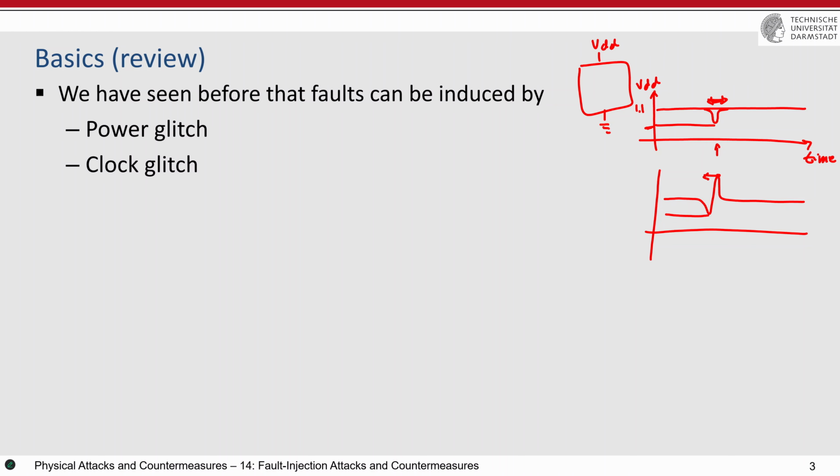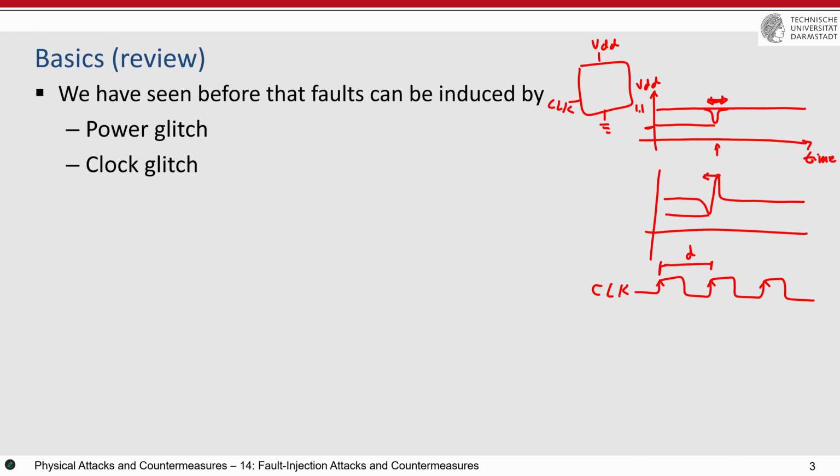And another one is clock glitch. This circuit needs a clock, and if the clock is provided from the outside, the normal clock will be something like this. And of course, you learned before that if the circuit works at the positive edge of the clock, this duration, let's call it small d, should be longer than the critical path delay of the circuit.